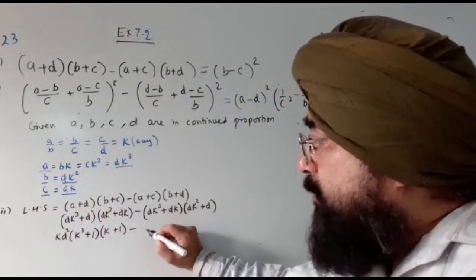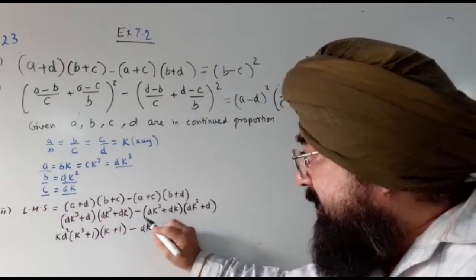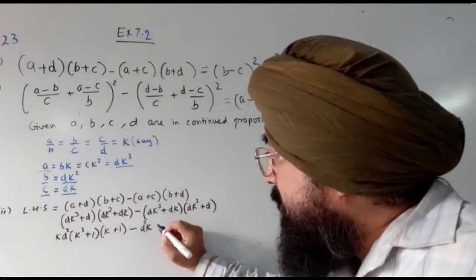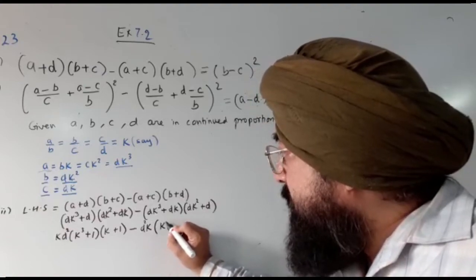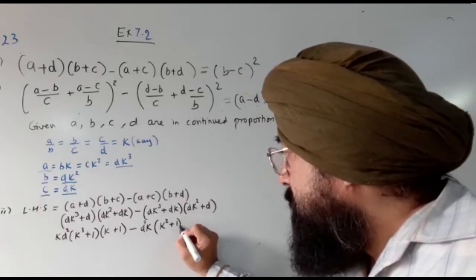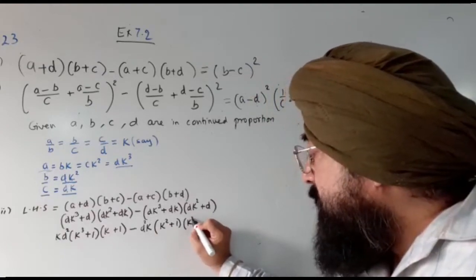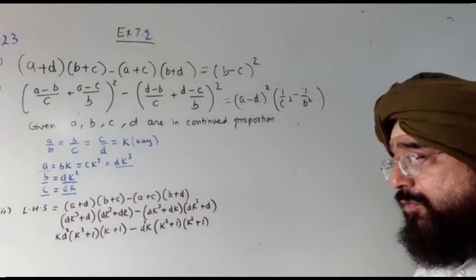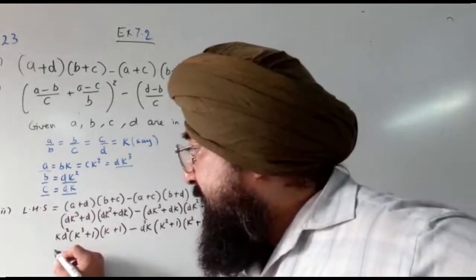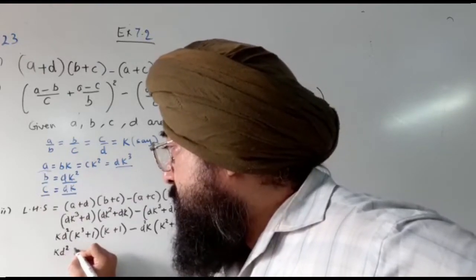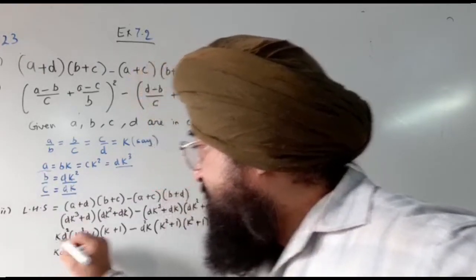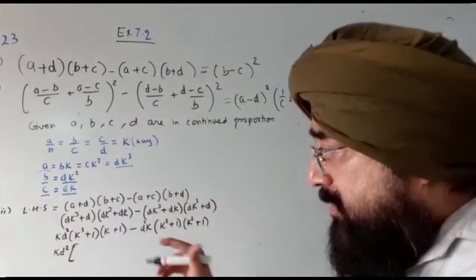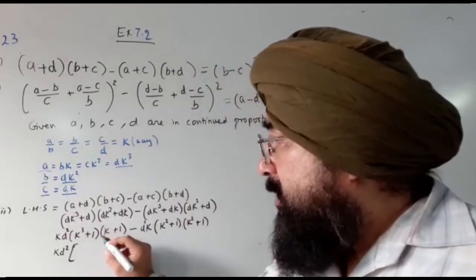Likewise, I can take D and K both common from this bracket, and one D common from here. So D square K I can take common, and inside I am left with (K square plus 1) into (K square plus 1). I hope you follow. Now I can take KD square common from both the terms, and I get (K cube plus 1) into (K plus 1).